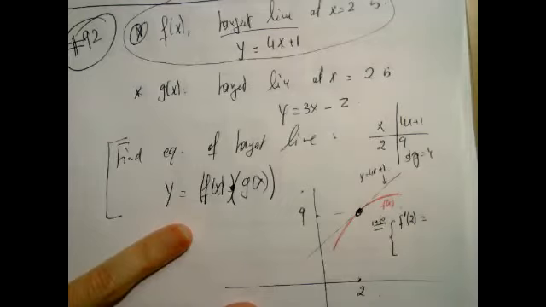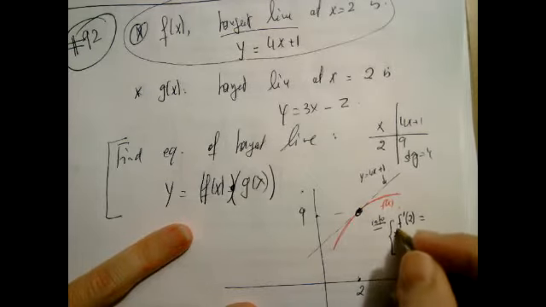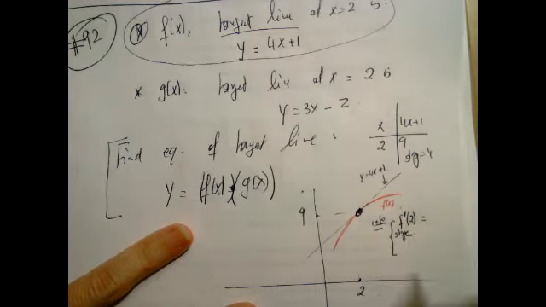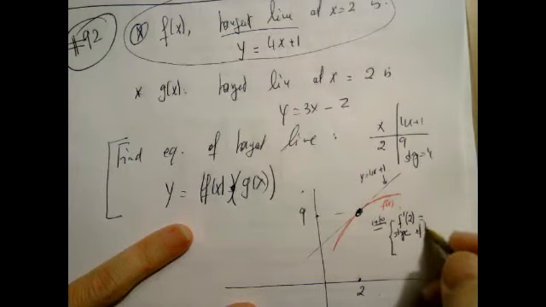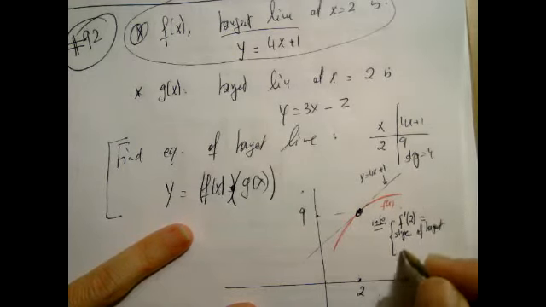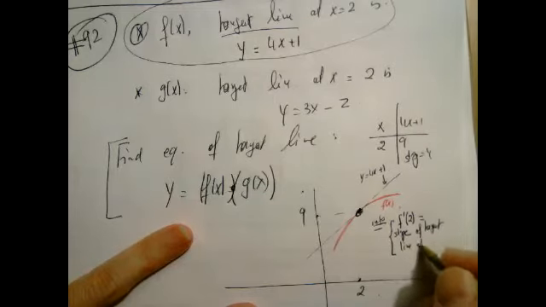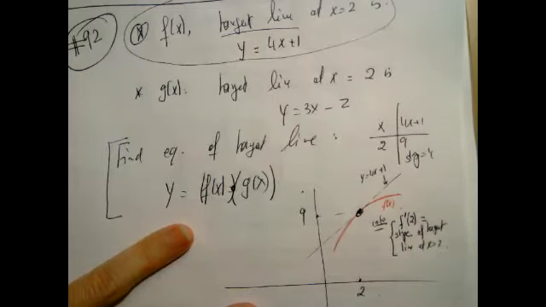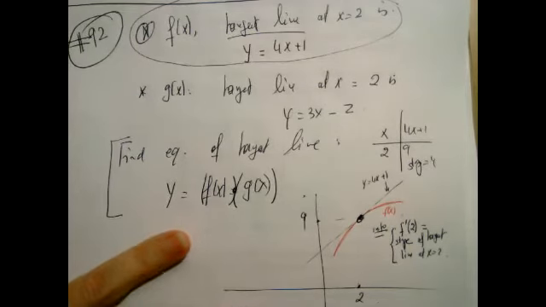Anybody? What's the graphical interpretation? What is f prime at 2 graphically? It's the slope of the tangent line at x equal to 2. That's really graphically the interpretation.